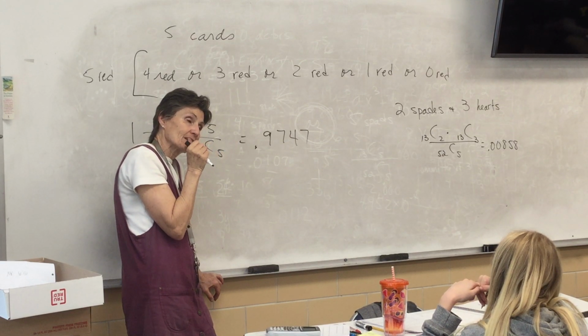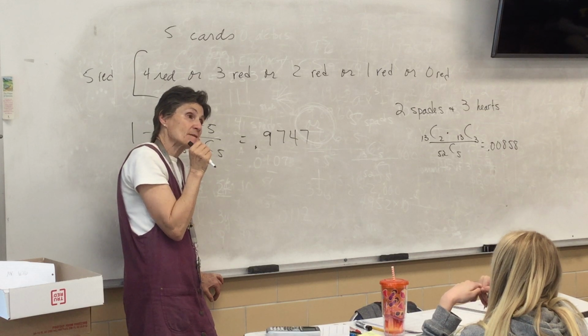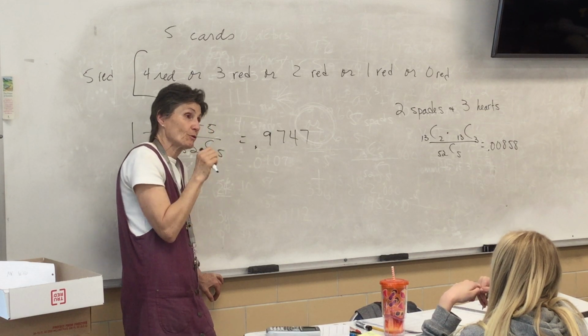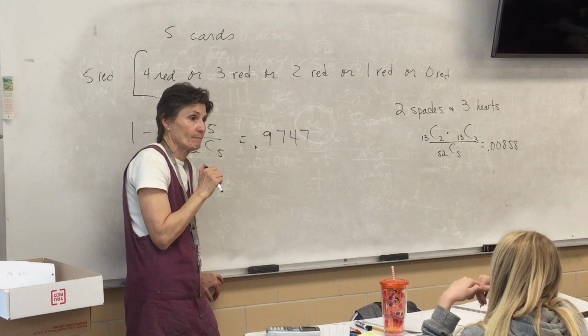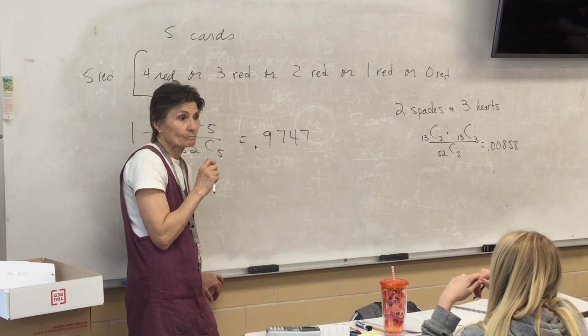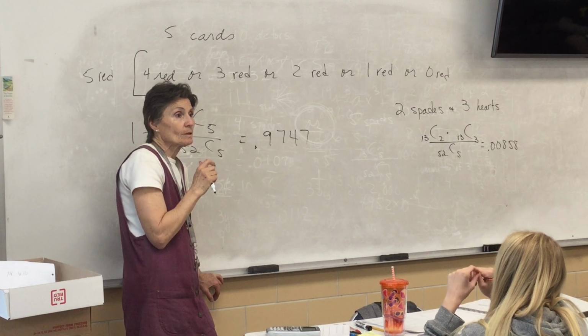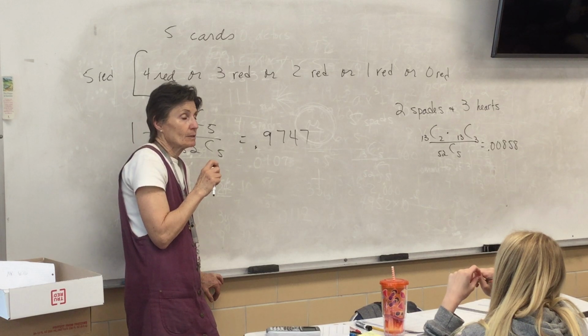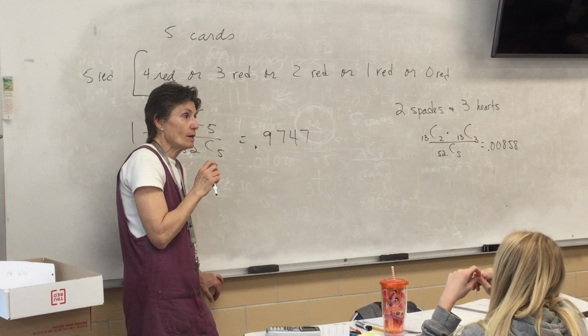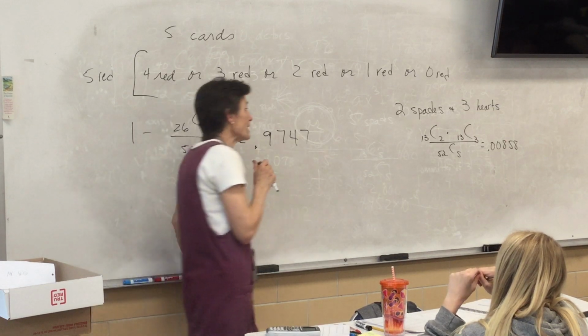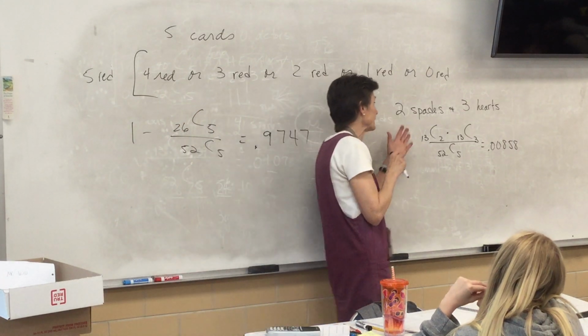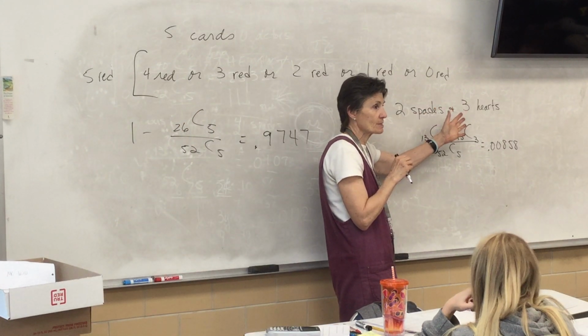Can you times that by 3? Times it by what? 3, okay, why 3? Because it's in the rest of the suits. Okay. So Donovan is on the right track. We just randomly did 2 spades and 3 hearts.